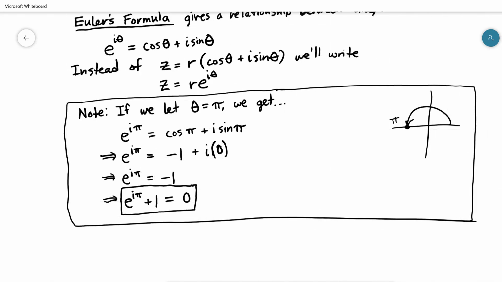Long story short, coming back up here, I'm going to vastly prefer using this exponential form of our complex numbers, as opposed to the version above it that involves the cosine and sine terms. Technically the cosine and sine part is what tied it to trig, and now I'm saying let's abandon the trigonometry and just deal with exponentials.